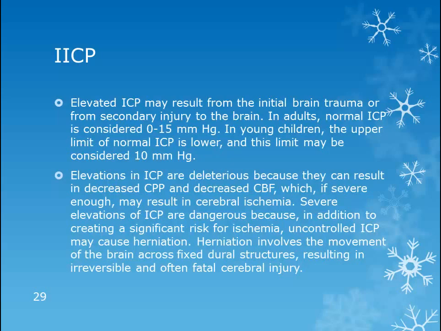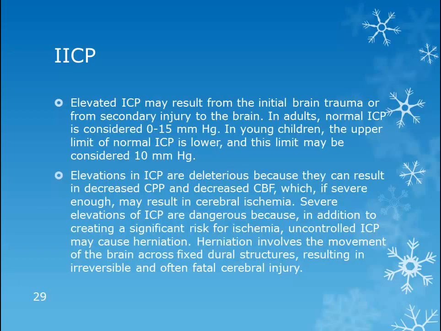Increased intracranial pressure. Elevated intracranial pressure may result from the initial brain trauma or from secondary injury to the brain. In adults, normal intracranial pressure is considered 0 to 15 millimeters of mercury. In young children, the upper limit of normal intracranial pressure is lower, and this limit may be considered 10 millimeters of mercury.